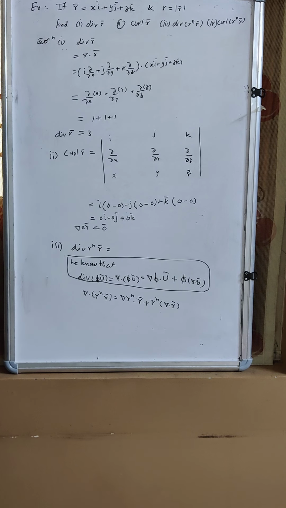We know from the previous result that del r raised to n is equal to n r raised to n minus 1 into r vector.